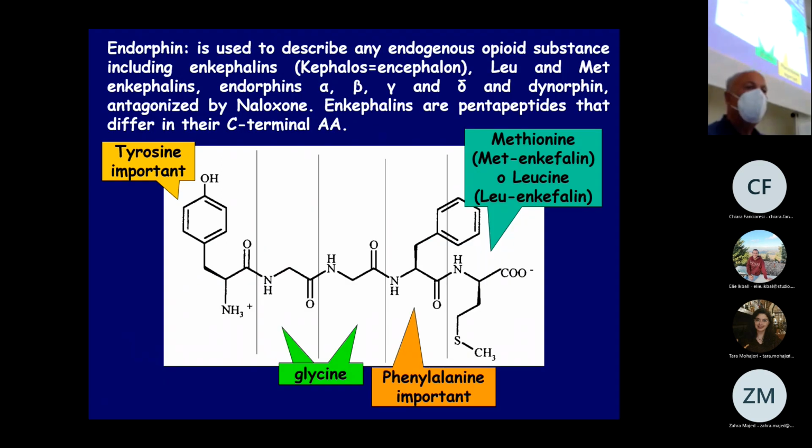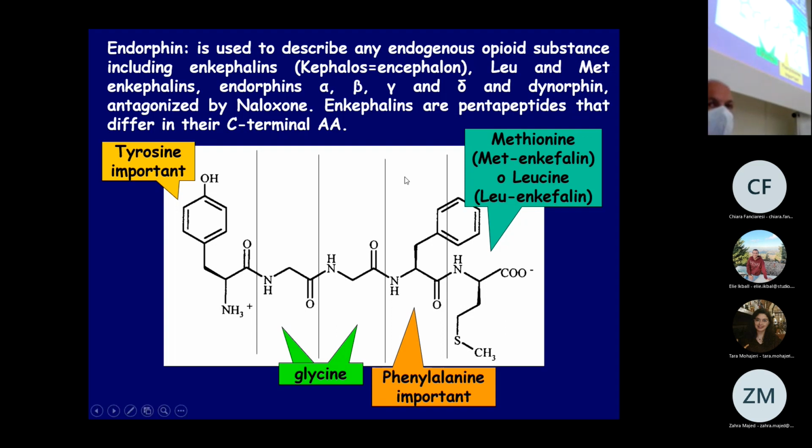And here you can see the chemical structure of the 2 pentapeptides of the 2 enkephalins, which belong to a bigger family called endorphins. So the 2 enkephalins, met enkephalin and the leu enkephalin.